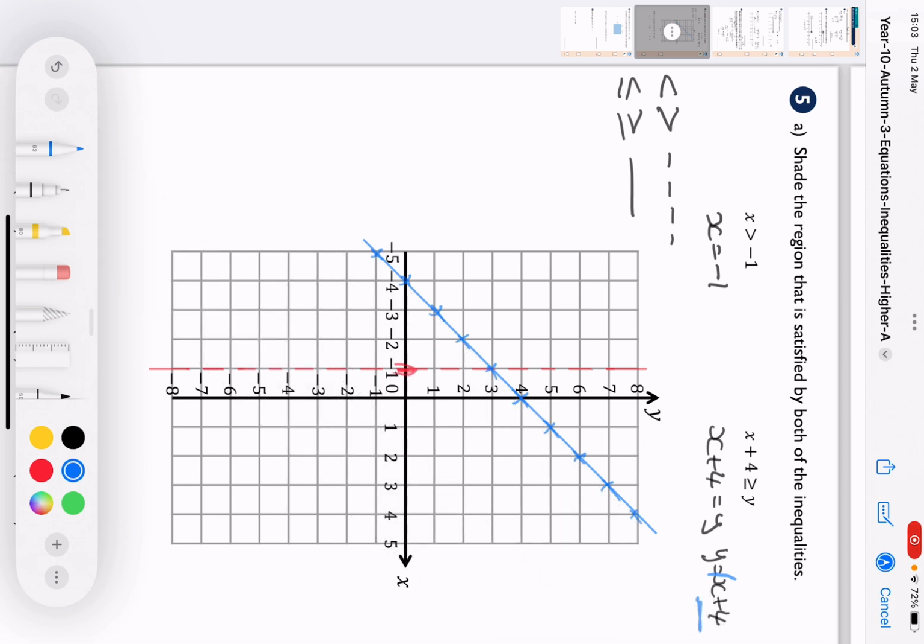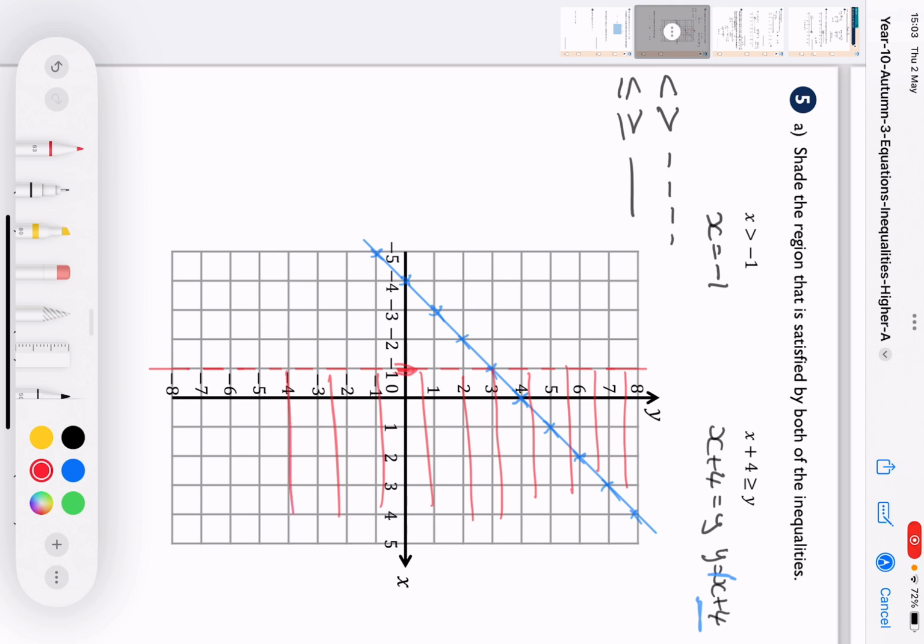My next thing is to look at the inequality. Now, where is x bigger than -1? Well, x is bigger than -1 over here. And sometimes what we do is we can draw the full region.